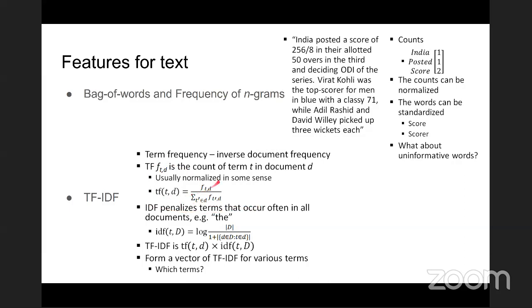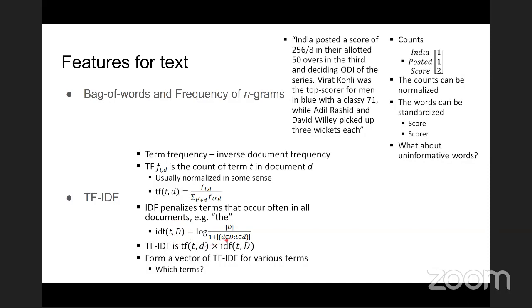So term frequency is nothing but the frequency of that term divided by the frequency of all the terms in all the documents. Okay, and then inverse document frequency: so term frequency is in this particular document, D is a document, and inverse document frequency is what is the frequency of this word in all the documents in the entire corpus.